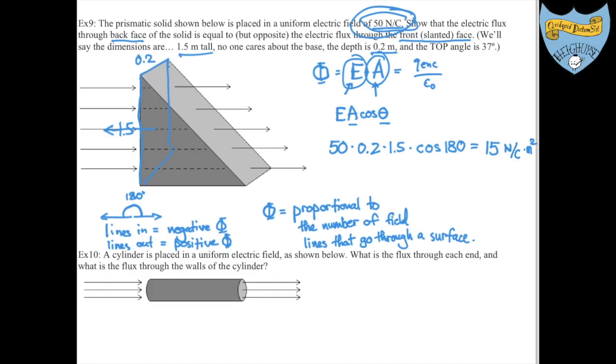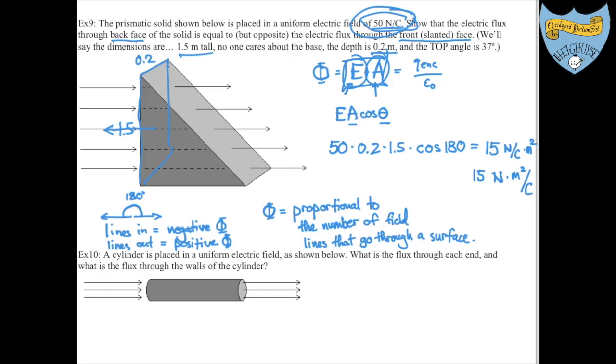So that means our units would be newton meters squared per coulomb. That's it. You would never, ever need to memorize the units for flux. If you need it, you're going to look at the formula, E times A, and figure it out. Don't memorize it, just figure it out from the formula.